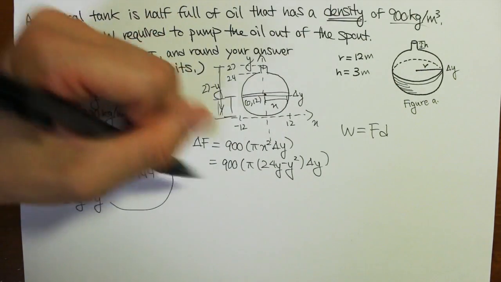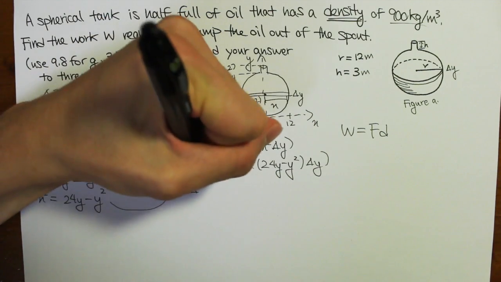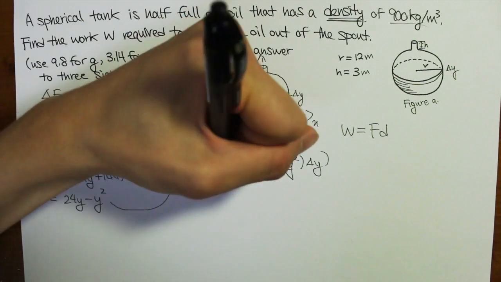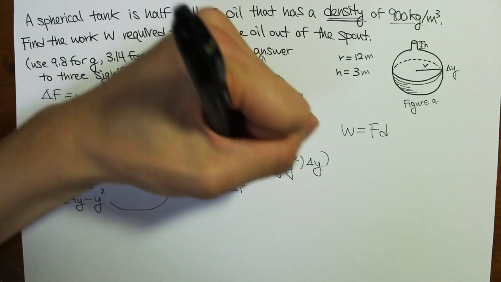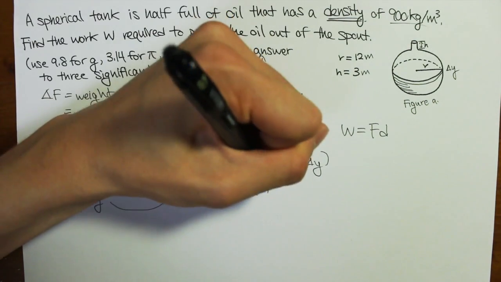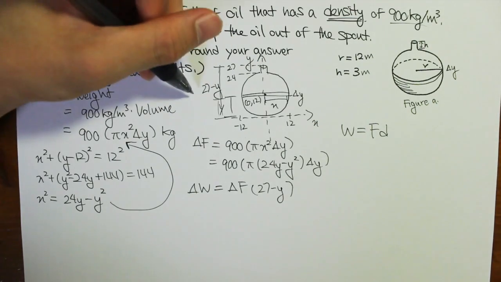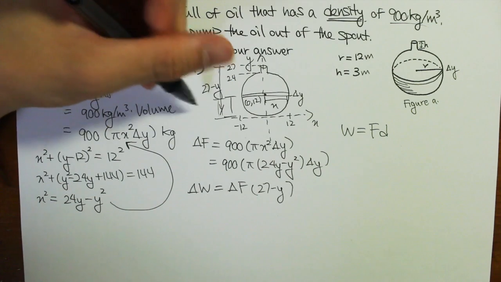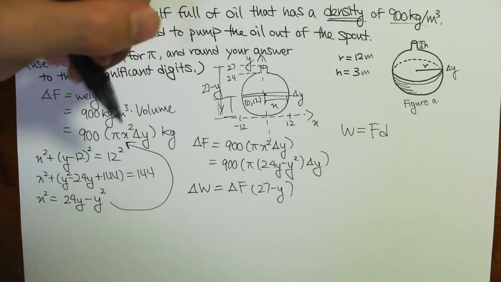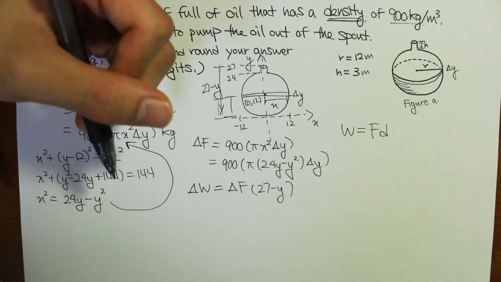We have the change of force here, so the change of work would be the change of force times the displacement we found, the disc moving a distance of 27 minus y.